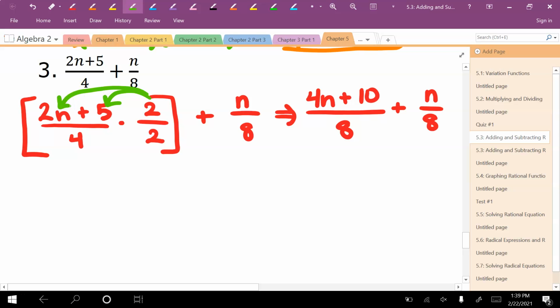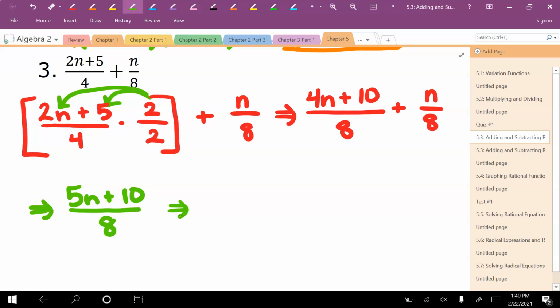Okay, if you combine the top, what's the top say now? What should you do next? Yeah, so on the top, is there anything that you can take out of 5, n, and 10? 5.